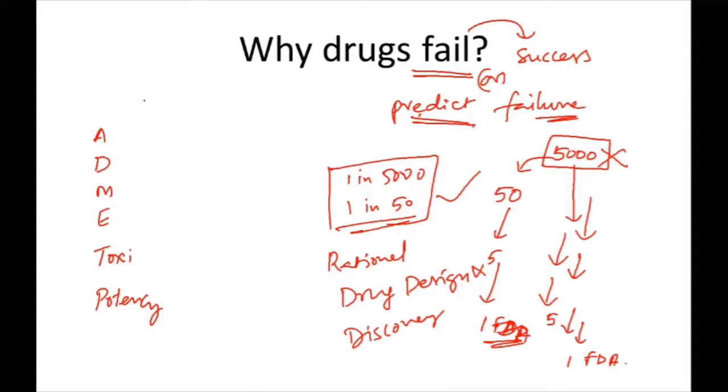In absorption, distribution, metabolism, and elimination, what exactly is happening? A drug is taken and it will cross membranes. Maybe it is in the stomach, then blood vessel, then into the tissues.